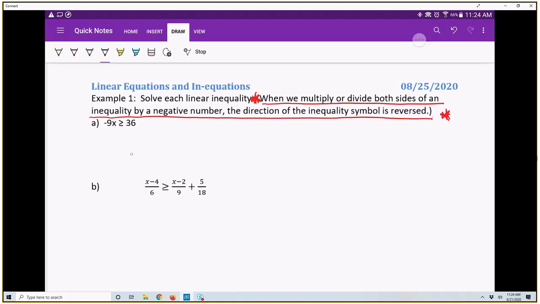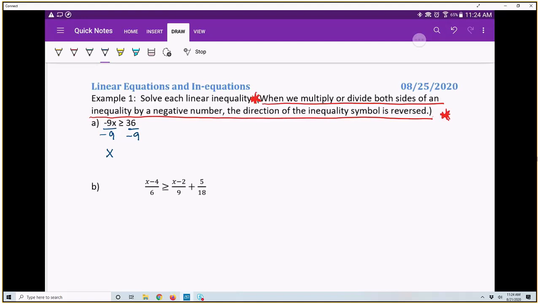So in our first example, we have minus 9x greater than or equal to 36. Now, just like when I'm solving the equations, I want x by itself, so I'm going to divide by negative 9 on both sides. So negative 9 and negative 9 cancel, I have x. Now here's where this thing that I highlighted in red comes into play.